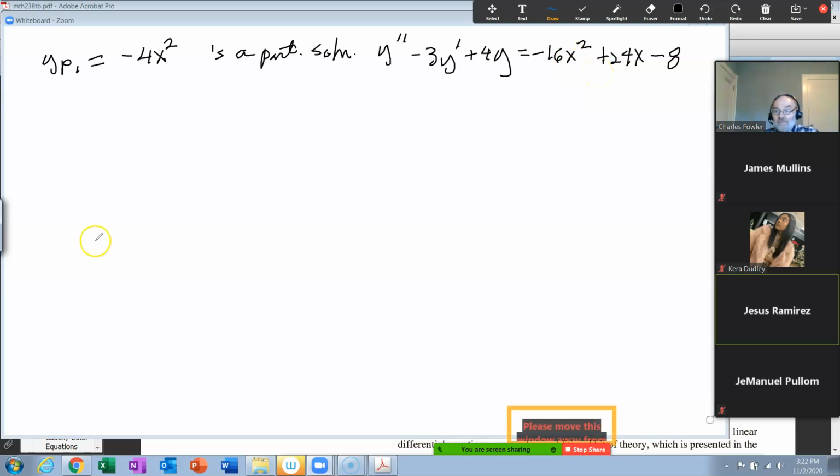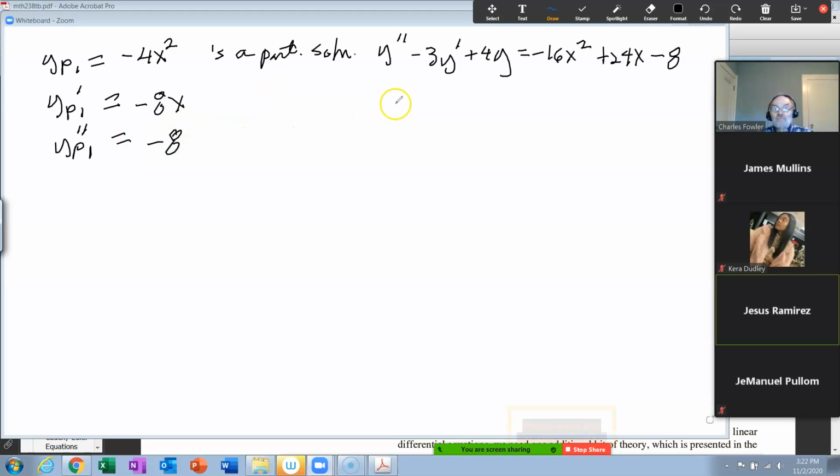So what we're going to have to do is y sub p sub 1 prime, and that would be minus 8x. Y sub p sub 1 double prime would be minus 8.